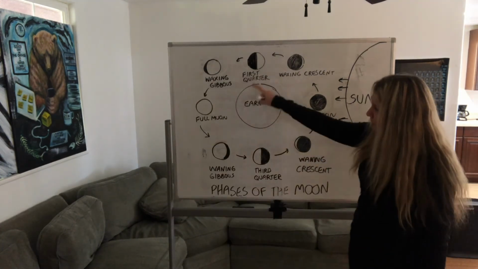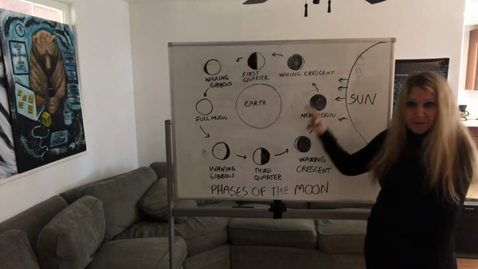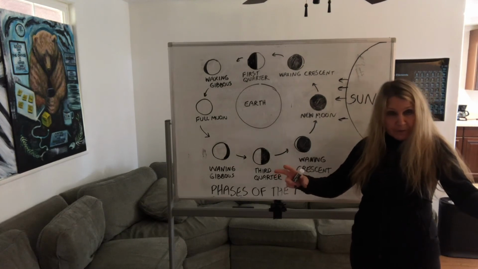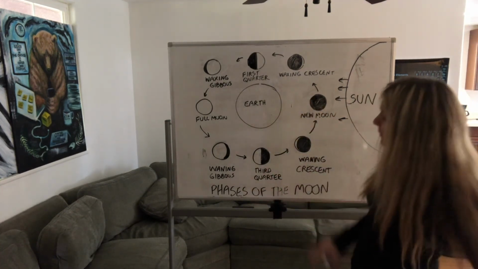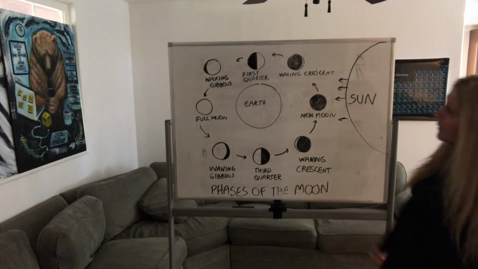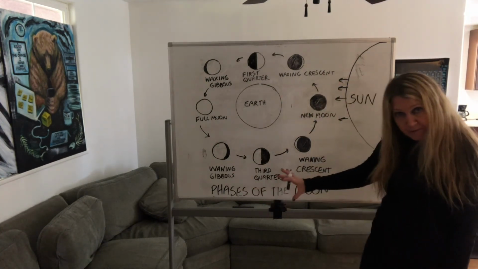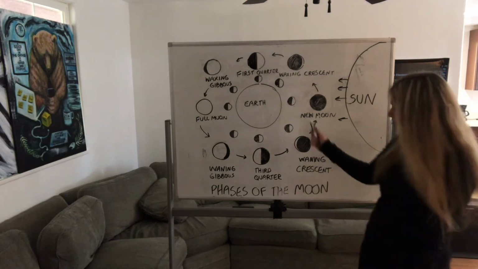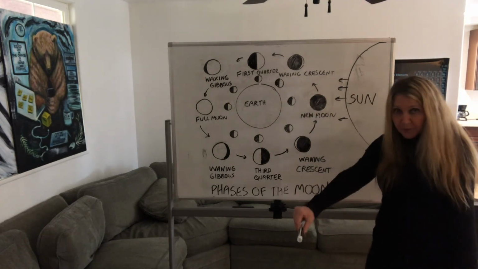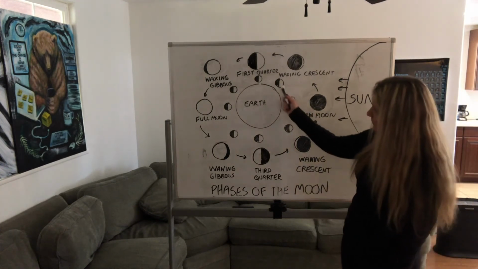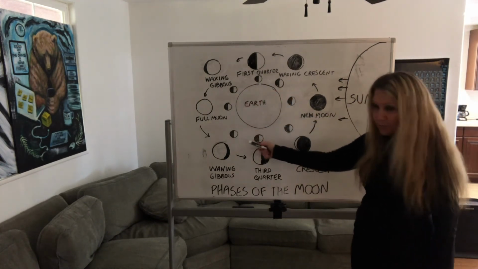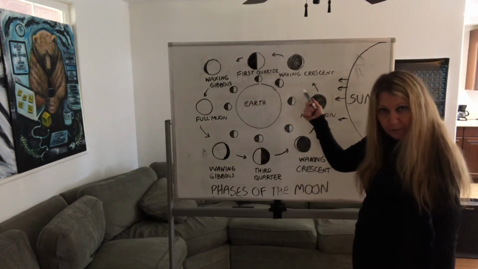If I were to look at all of these phases from space, if we've left planet Earth, we're in a spaceship and we're looking down, we would not see these phases. If we look at the moon from space, this is what it would look like as it goes through the cycle.